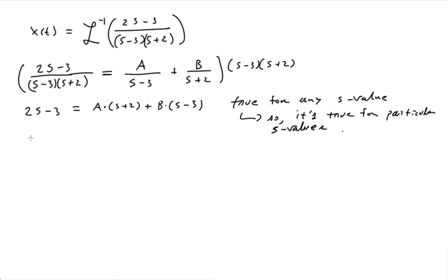So I would like to pick some s values that make the problem very simple. So I'm going to pick s equal to -2. All right, and then the left-hand side becomes -4 minus 3, otherwise known as -7, is equal to a times 0 plus b times -1.